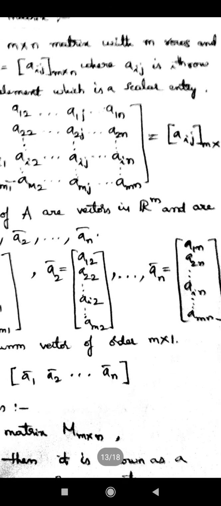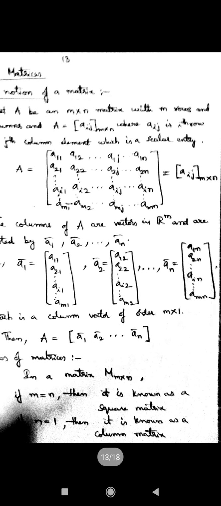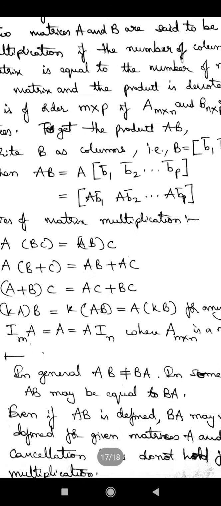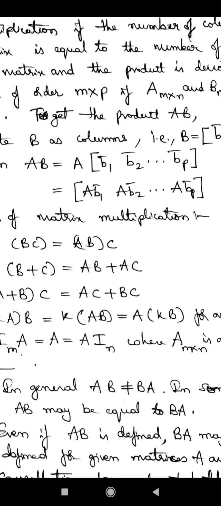Each of these column vectors is of order m by 1. And in the product also I have taken that notation and defined the product. Product means multiplication of two matrices. There also we have used that concept.